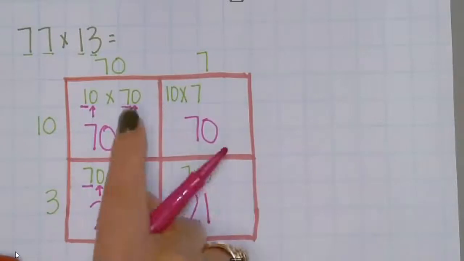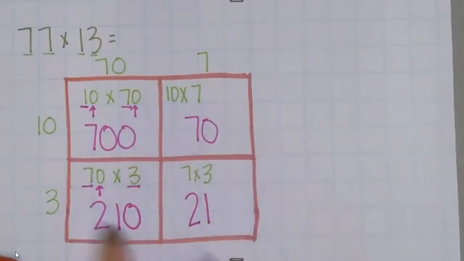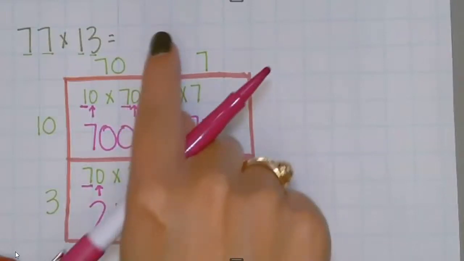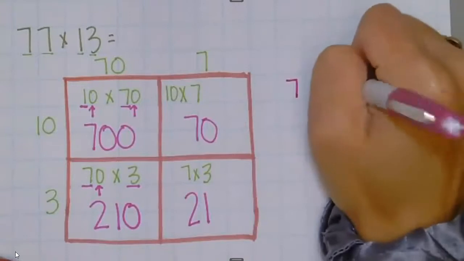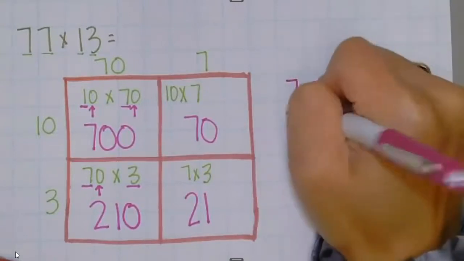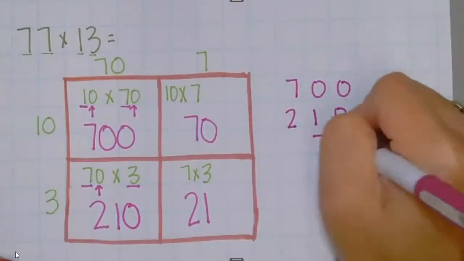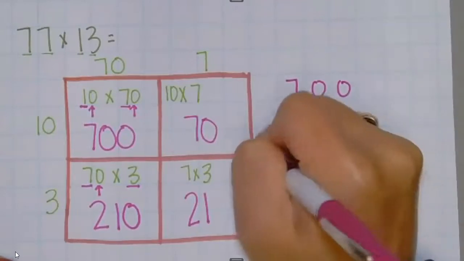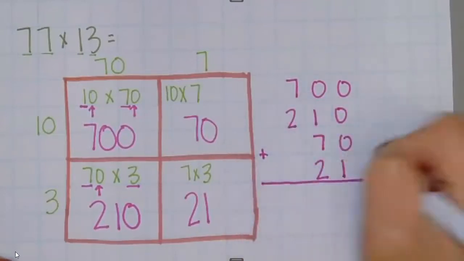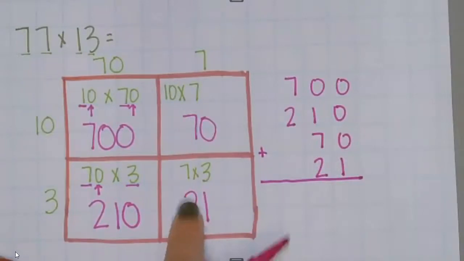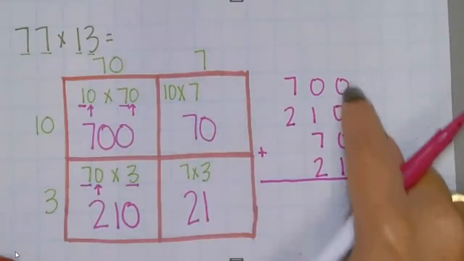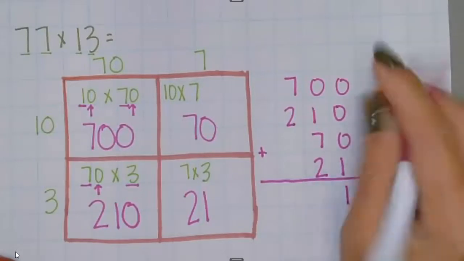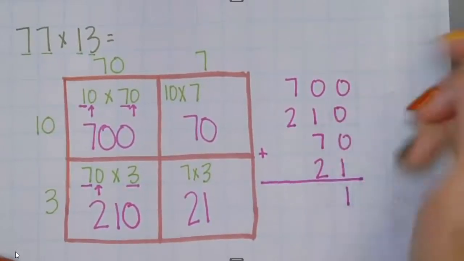Now that I have all of these broken up factors, I need to add these 4 factors together so that I can get the total product. So I have 700, 210, 70, 21, and I'm going to add up these 4 products so that I can get this one total. 1, 1, that's 1. 0, 1, 7, 3, that's 10.